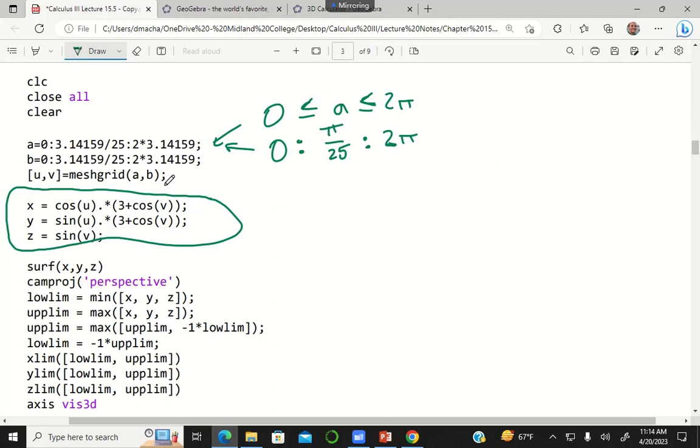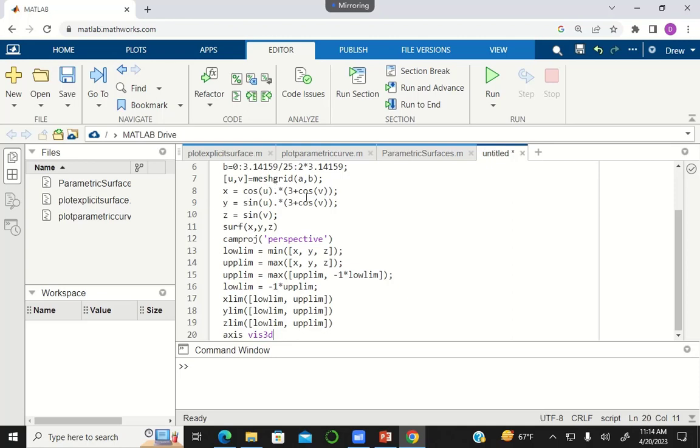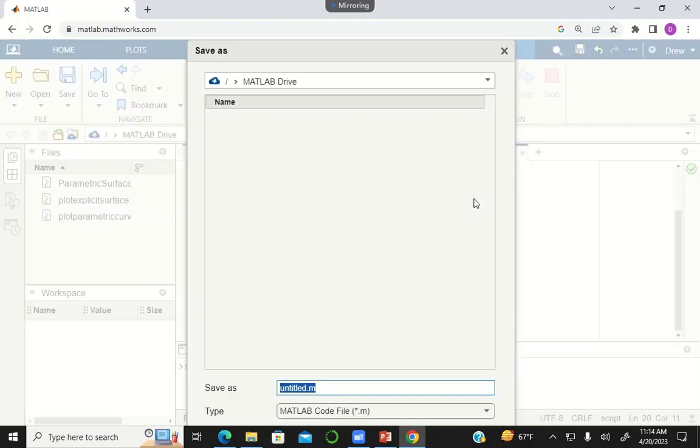I'm just going to copy and paste this code in here. Okay. Copy. See if it works.